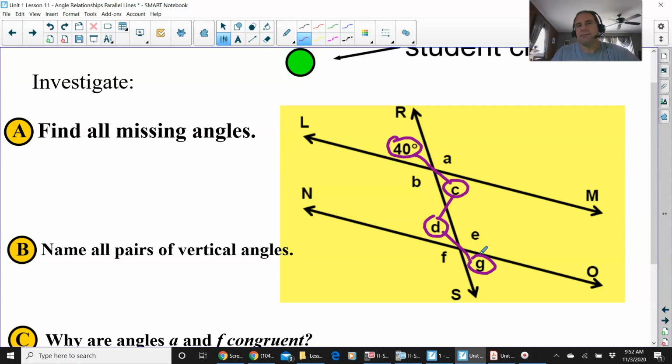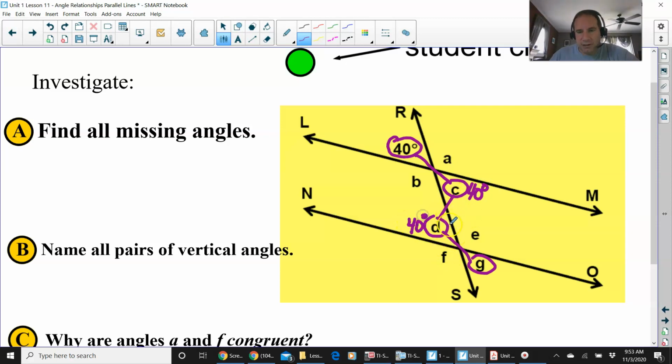It has to be equal to the first acute angle that they gave me. So angle C and 40 degrees, these are vertical angles. So that means this angle has to be 40 degrees. These are alternate interior angles, and alternate interior angles are congruent, 40 degrees.